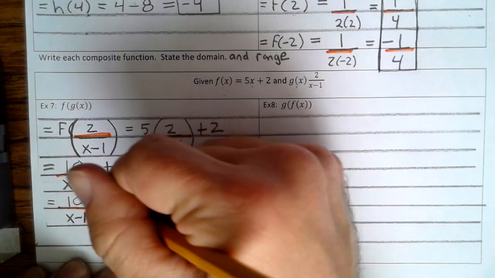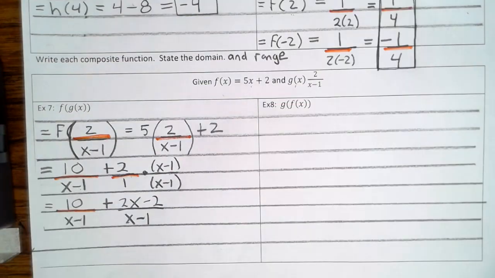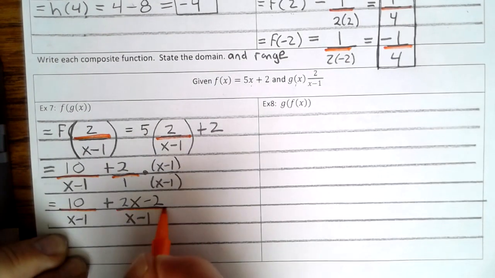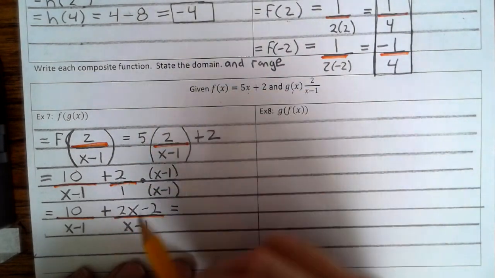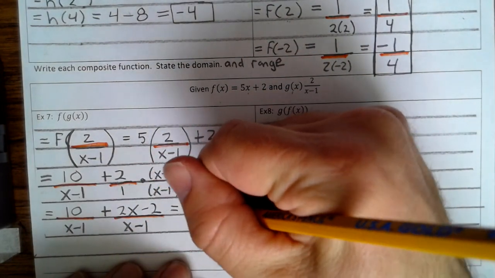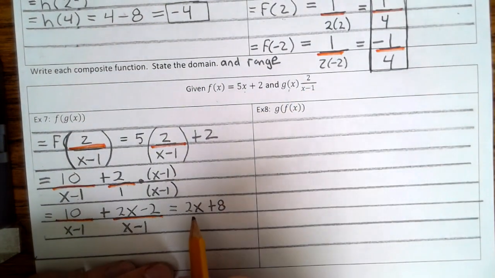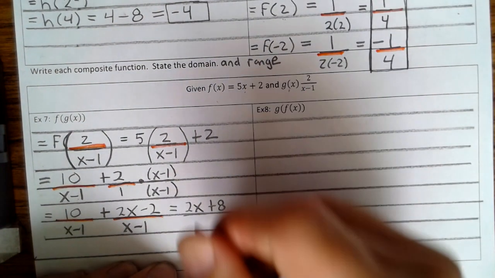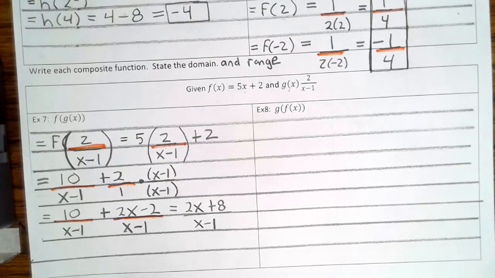At this point, we're going to combine terms. So that's 2x, and then 10 minus 2 is plus 8, divided by x minus 1. Okay, now you always want to factor the numerator and denominator.